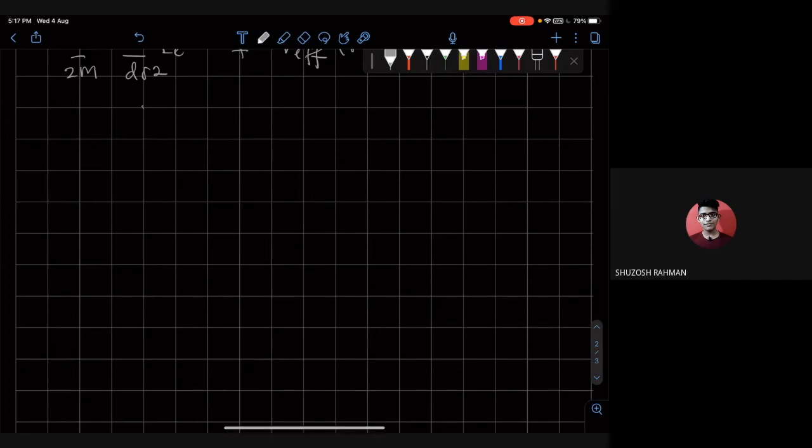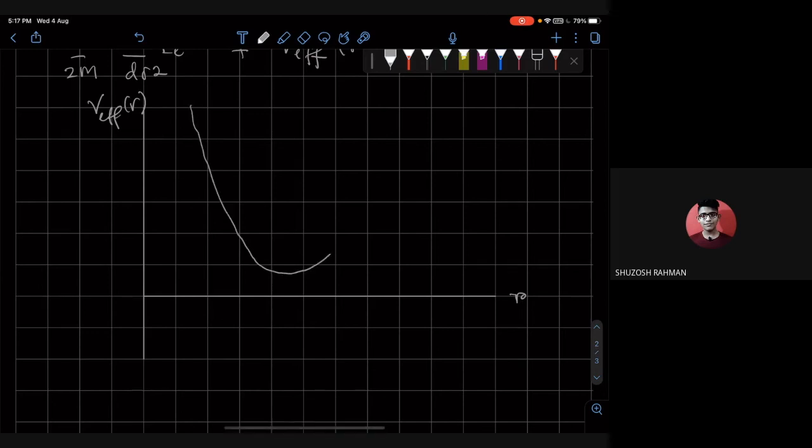So this is r, and this is, say, v effective of r, and it'll do something like this. It'll go down, and it'll do something like this. And so this could be v effective of r, but the real v of r could do something like this.